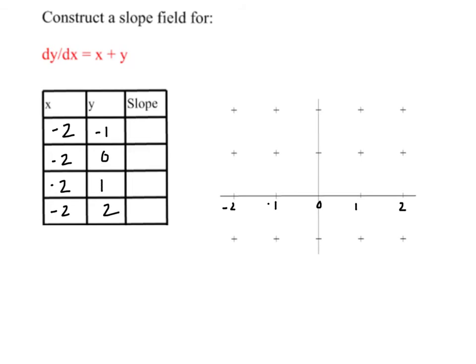So essentially, I'm doing all of the points. Now the slope, remember, is dy/dx. So, -2 plus -1 is -3. -2 plus 0 is -2. So I'm just plugging the x and y coordinates into dy/dx.